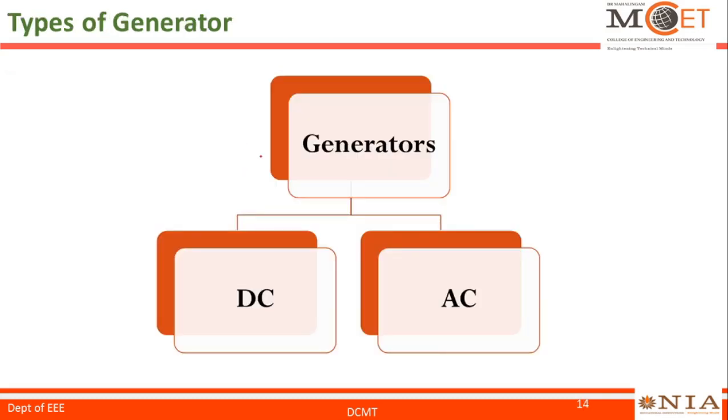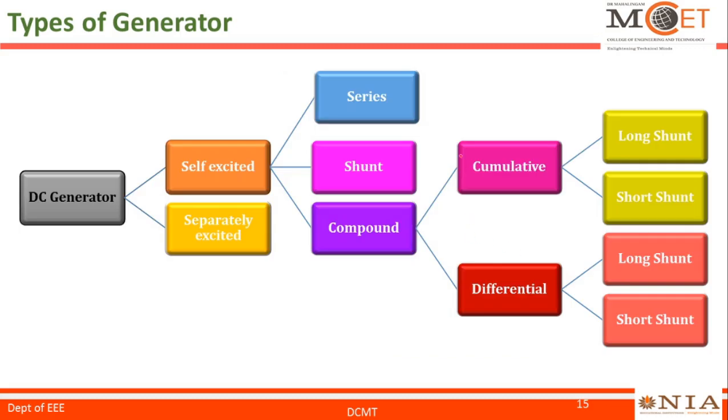Basically, generators can be broadly classified into two types based on the output supply. It may be a DC generator or an AC generator. An AC generator is also called an alternator, which we will discuss in the higher semesters. DC generators are classified into self-excited DC generators and separately excited DC generators.